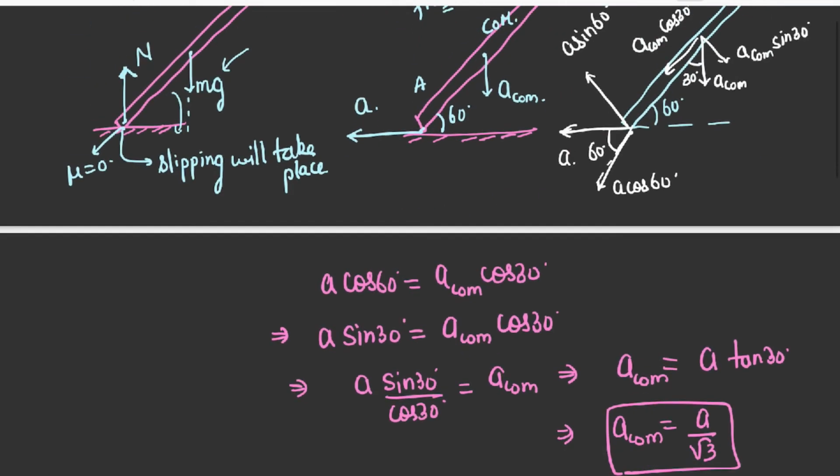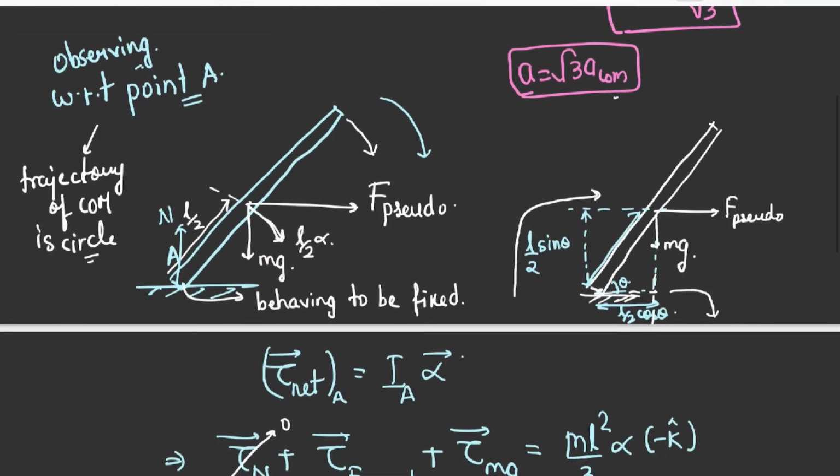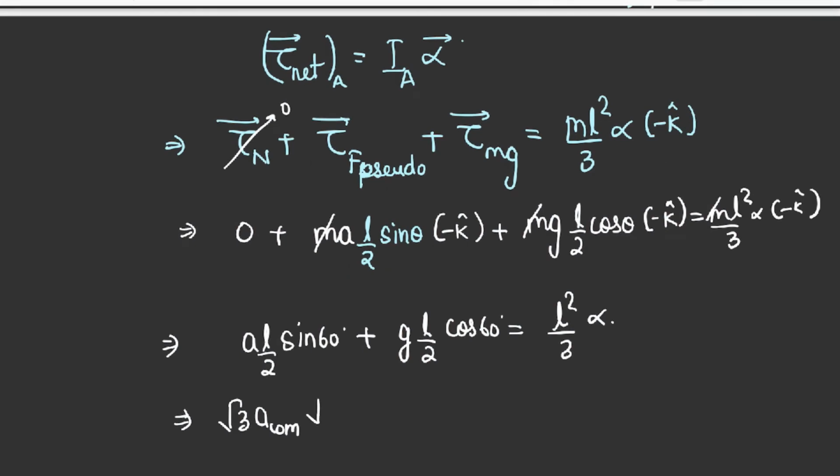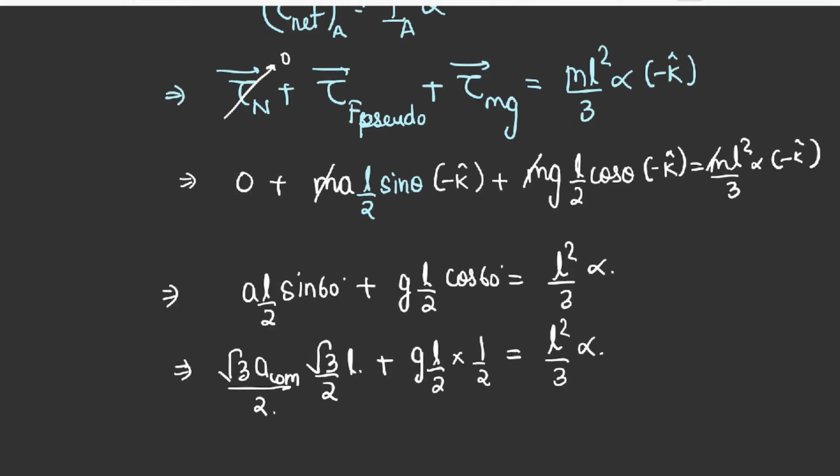Just check it out: root 3 ACM into sine 60, which is root 3 by 2, into L by 2, plus g L by 2 into 1 by 2, equals L square by 3 times alpha. This comes out to be 3 by 4 ACM into L plus g L by 4 is equal to L square by 3 into alpha. Okay, so I got this equation.